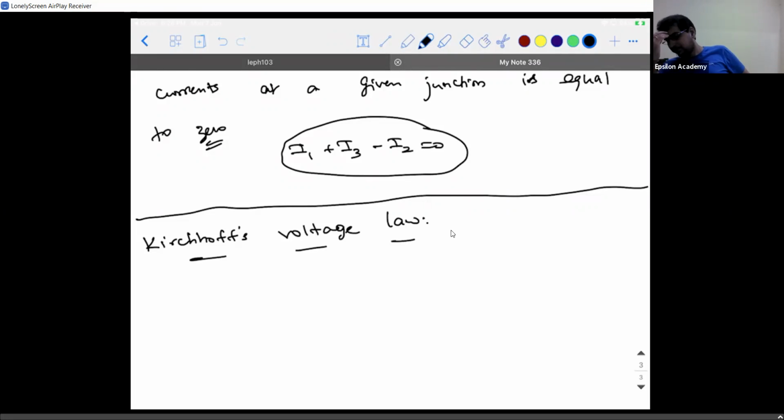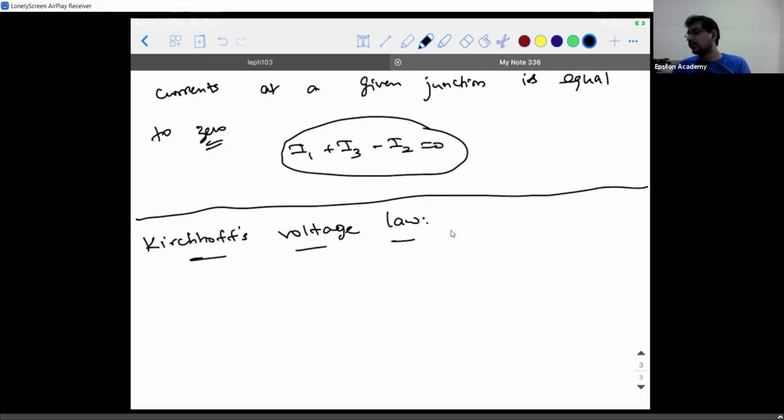In a closed circuit, the algebraic sum of the EMFs and the product of current and resistance of the device is equal to 0.